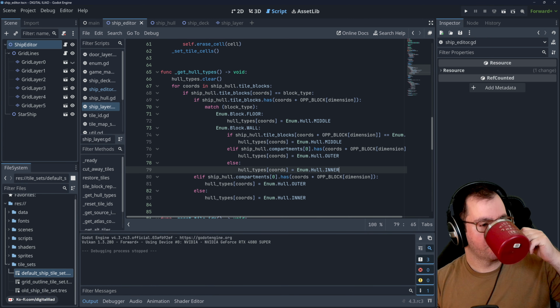I'm actually not super familiar with some of this stuff, so I want to call this from here, and it's going to call a specific version of get hull types. Like if I want to get hull types and then reset tile IDs and then set tile cells. If get hull types is a class, a different version of this function, then I can leave the other functions as super functions right now.